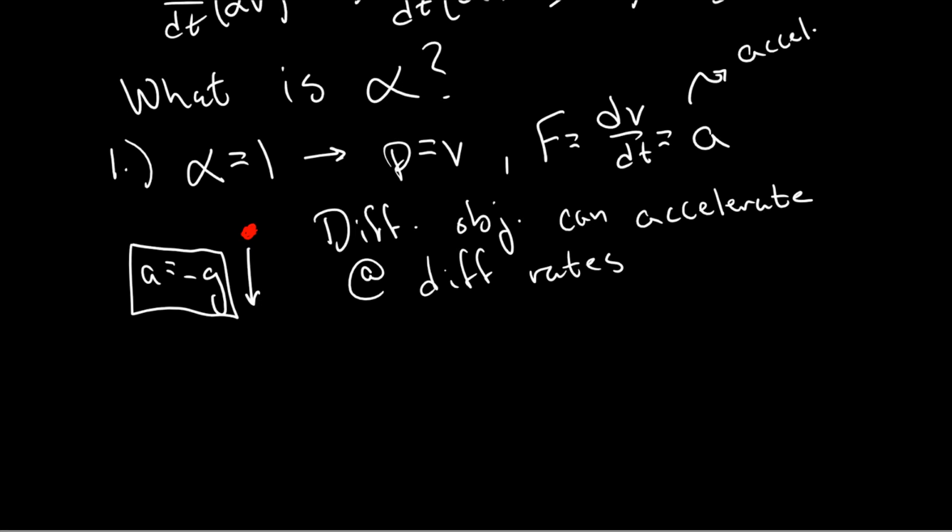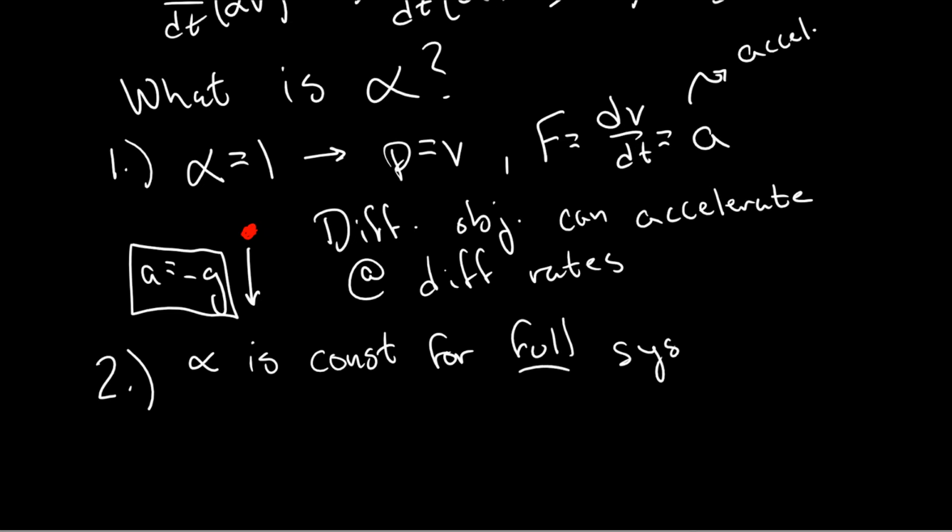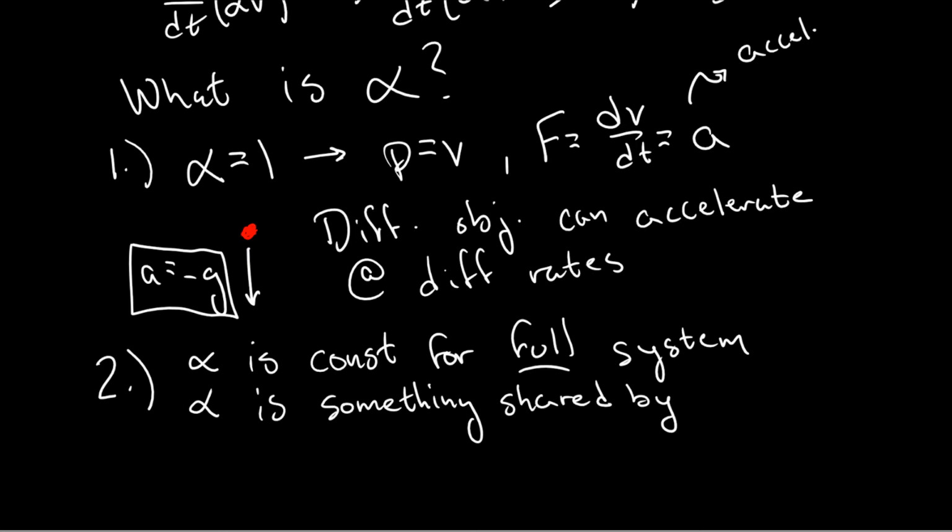To think about what the most convenient thing is, let's think about what alpha has to satisfy. Well, we know that alpha is a constant for the full system, and every system has it.